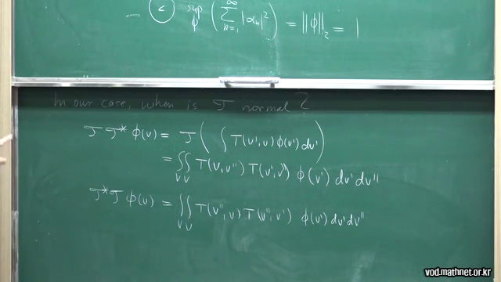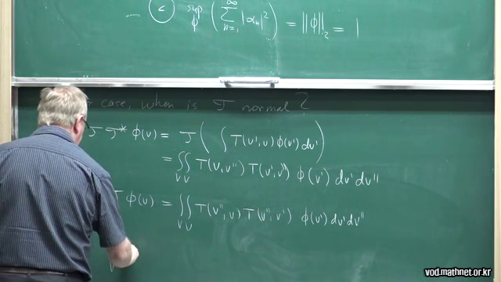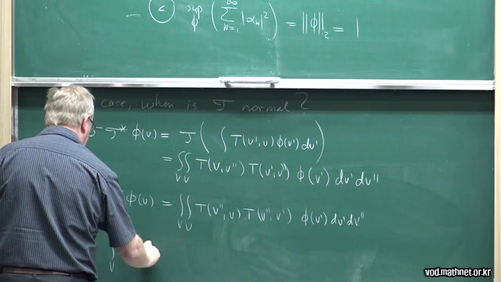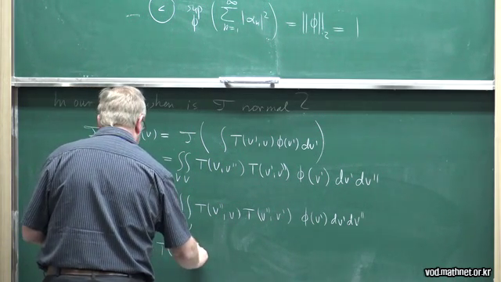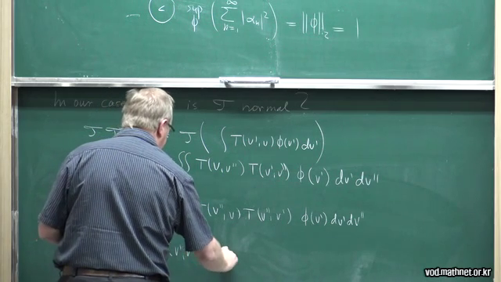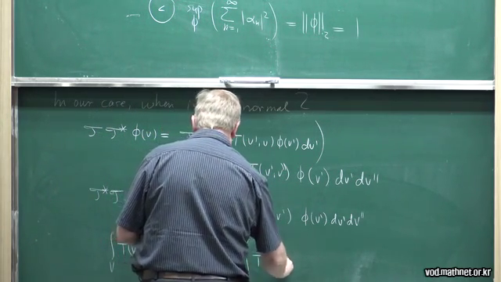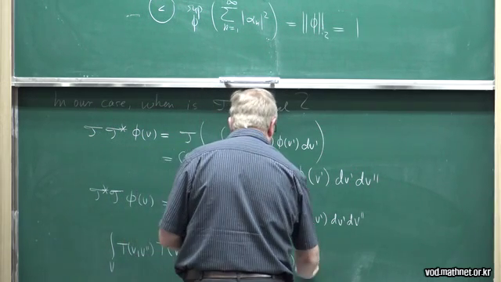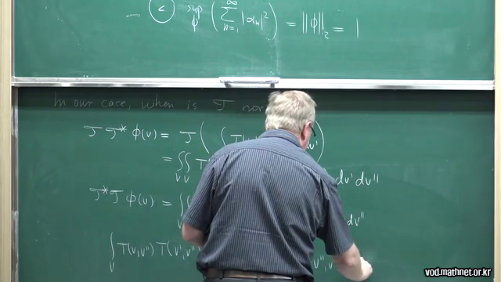But now we can compare the kernels. So now we have a double integration kernel, and they have to be the same for it to be normal. So this means we find something like the integral of T of v, v double prime, T of v prime, v double prime dv double prime must be the same as the integral of T of v double prime, v, T of v double prime, v prime dv double prime.